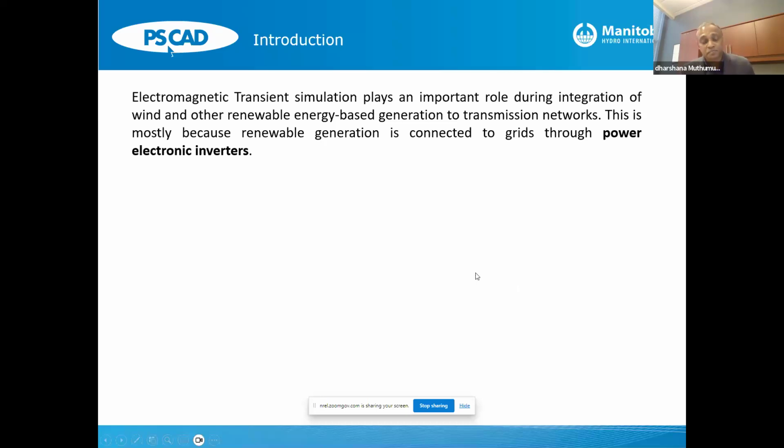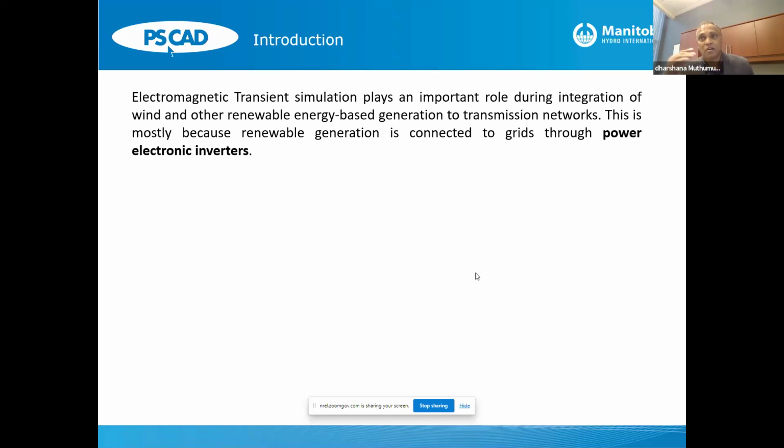I have to establish right at this point, EMT is not replacing RMS type simulations. In my opinion, RMS simulations will be the baseline for power system planning and operations. EMT will supplement or complement or support RMS simulations.